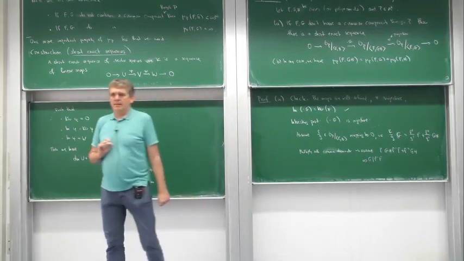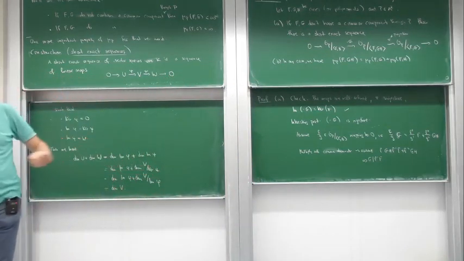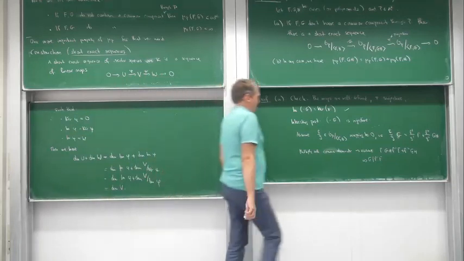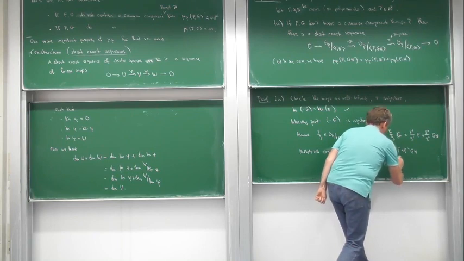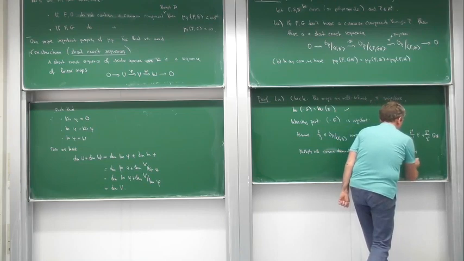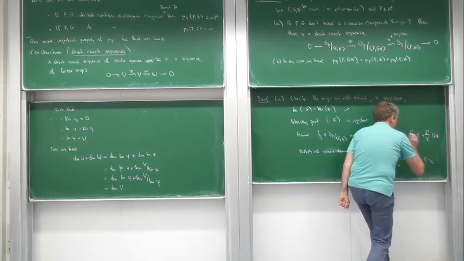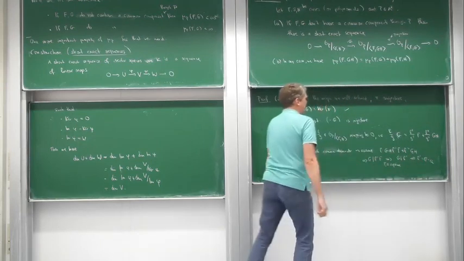But G and F are coprime by assumption. So there we need this now. And that means G divides f prime. We need F and G coprime. So G divides f prime. So that means f prime is some G times something. We call this A maybe. And then we can cancel that one.